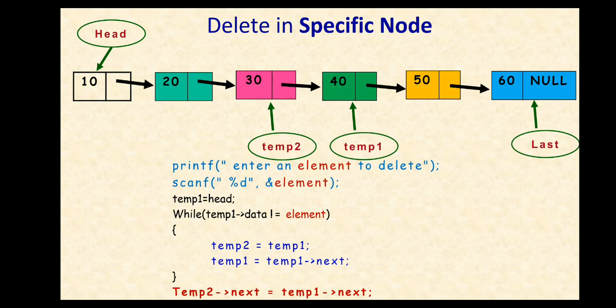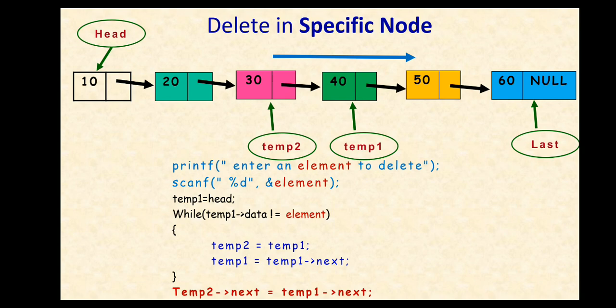Then this third node will directly point to the fifth node. That means the two links, between the third and fourth as well as the fourth and fifth, were disconnected and removed. When those two links are removed, logically the fourth node is deleted.